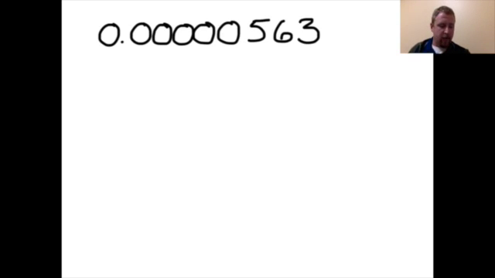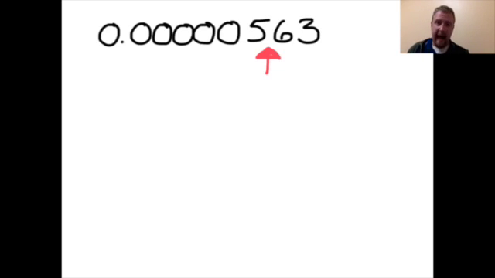All right, so the first thing we have to understand is how many places we are going to have to move that decimal so that it's past the first non-zero digit. Really, we're looking to move that decimal to right there.